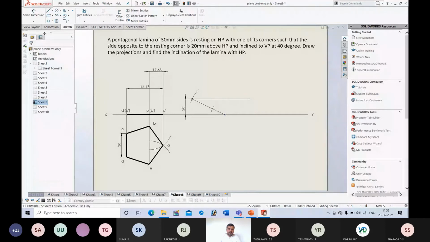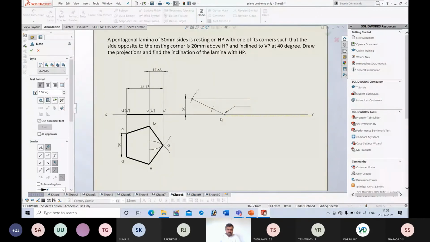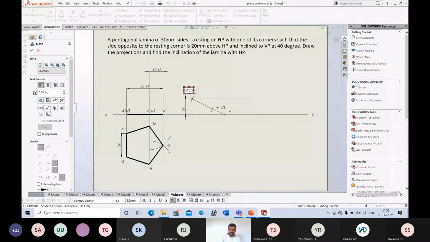Next, I will name the points. This is A dash, this is E dash, B dash. Next, this will be D dash, C dash.